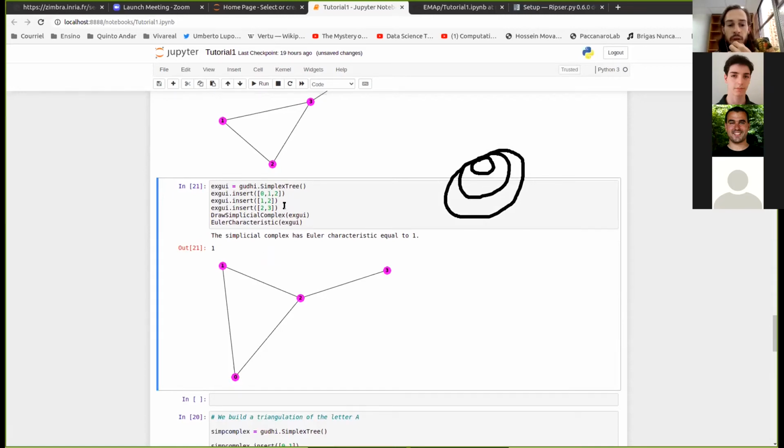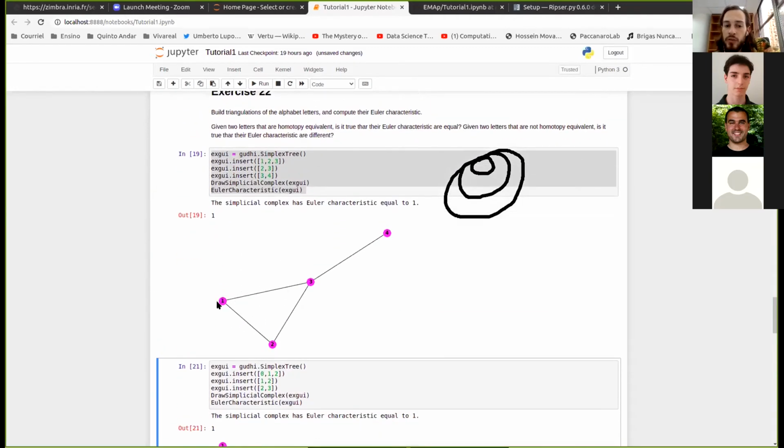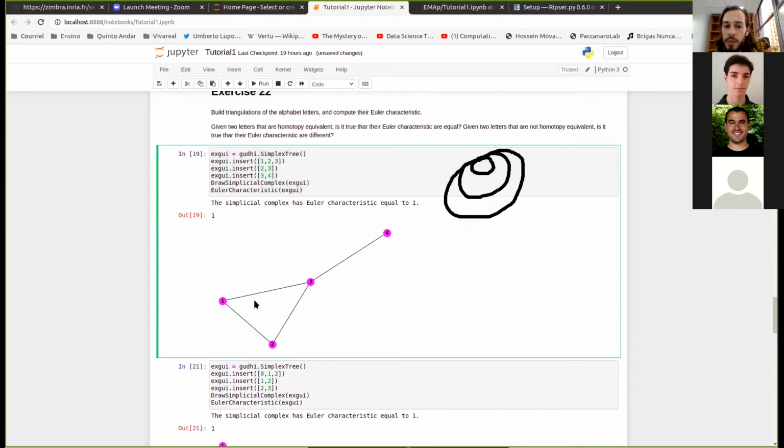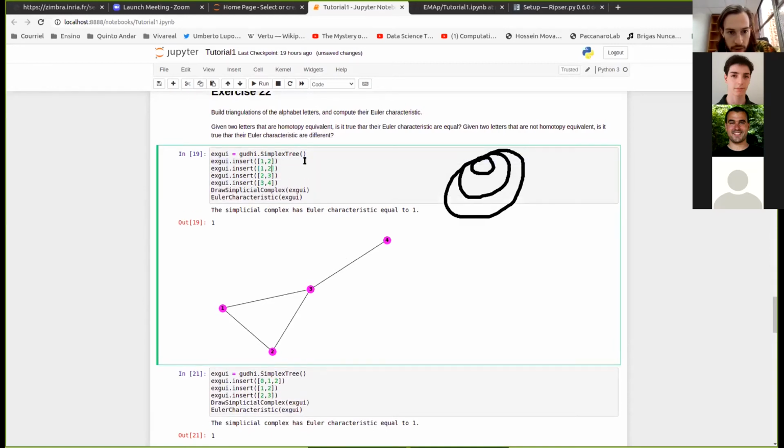Oh, but this is not a P. Sorry, this is not a P because you have the inner triangle here. But this is not drawn. My function draw simplicial complex does not draw triangles, unfortunately. It should be 1, 2, 2, 3, 3, 4, and 1, 3.